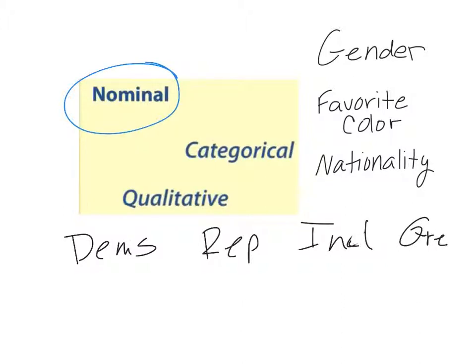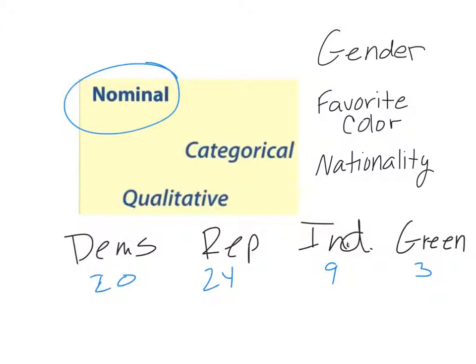Sorry guys, my handwriting is not exactly the best. And by the way, I know there's more than 4 political parties. For simplicity's sake, we're just going to keep it here. So let's say I interviewed 20 Democrats, 24 Republicans. It turned out that 9 people were independents and 3 people were Green Party candidates.